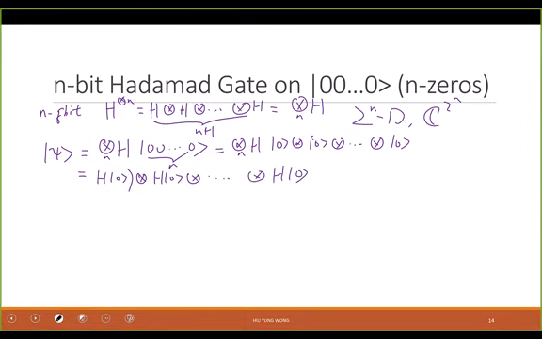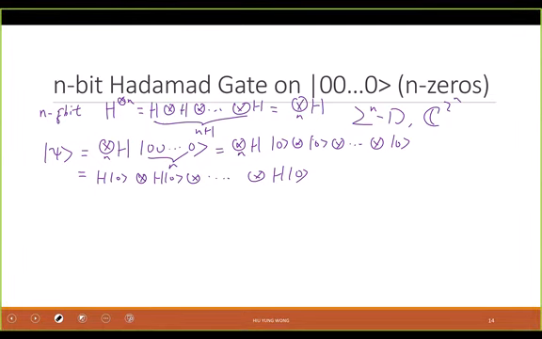We talked about Hilbert space before: you apply the operator to each individual subspace and then take the tensor product. It's the same as taking the vector tensor product first and then applying the overall operator to that composed vector. That is what I'm doing here.